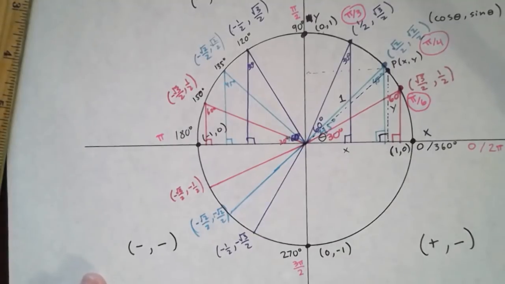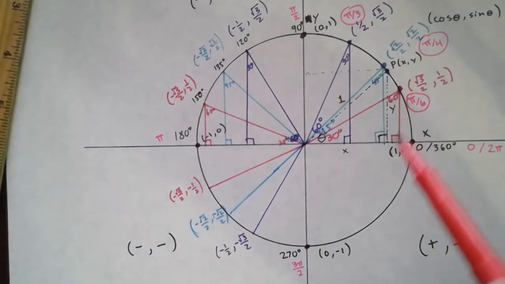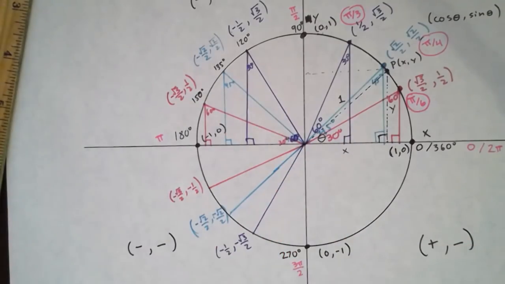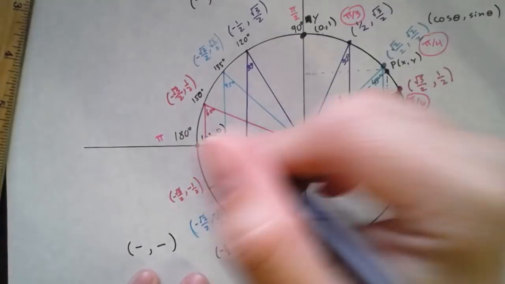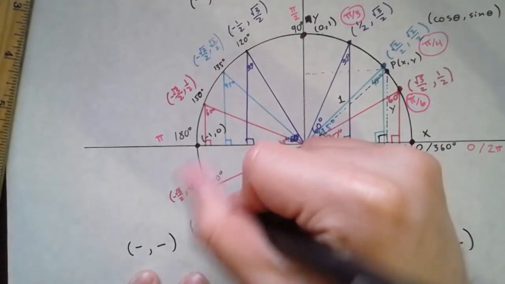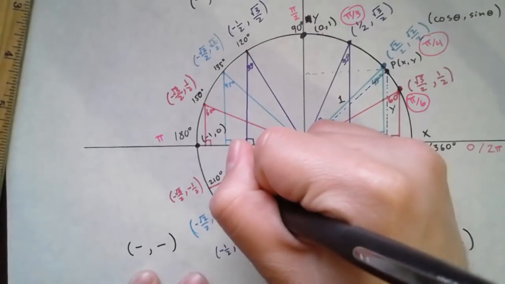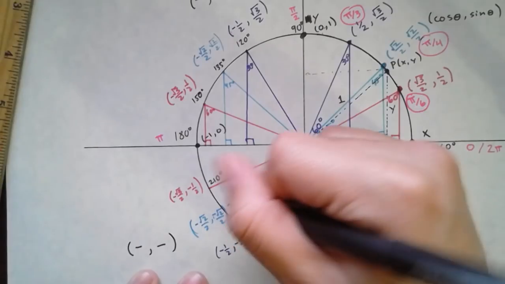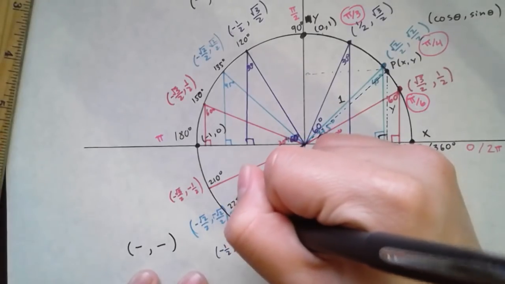Okay, and then just to pause a bit, let me add the angle measures. Let me see where's black here. This one here was 210 degrees. This one here was 225 degrees, and this one here is 240 degrees.